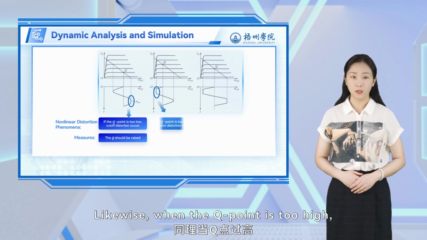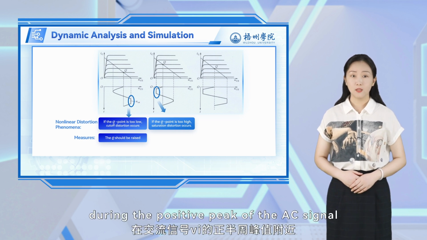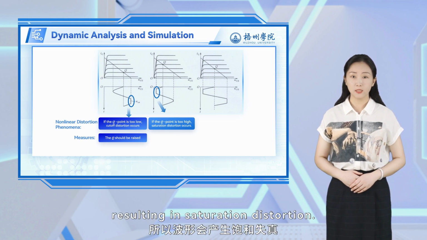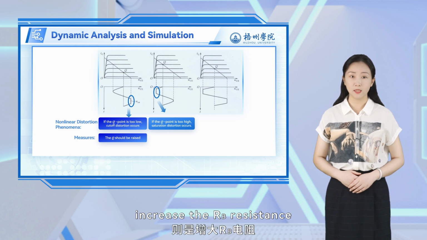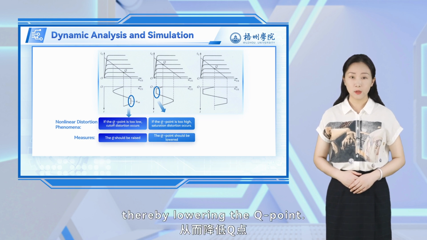Likewise, when the Q point is too high, i.e., IBQ and ICQ are too large, during the positive peak of the AC signal VI, the operating point moves into the saturation region along the load line, resulting in saturation distortion. To eliminate saturation distortion, increase the RB resistance to reduce IBQ and ICQ, thereby lowering the Q point.